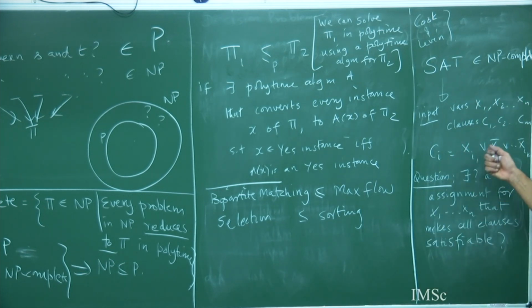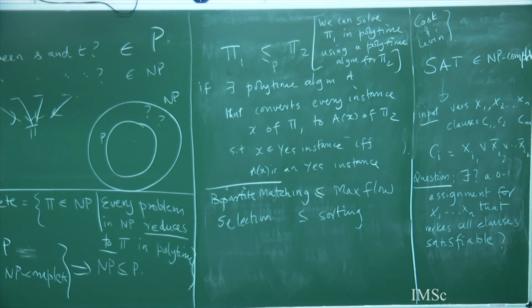And you make a clause satisfiable. So, you satisfy a clause Ci if this variable is true or 1, or this is 0, and so on. A clause is an OR of some variables and their negations, and it is satisfied by an assignment if one of the positive variables has a 1, or one of the negative variables has a 0.